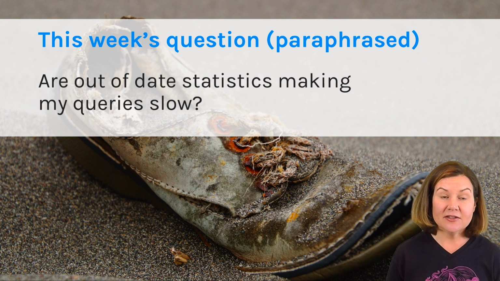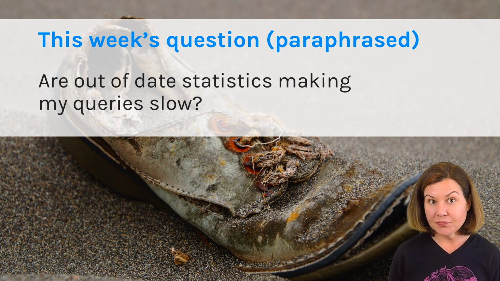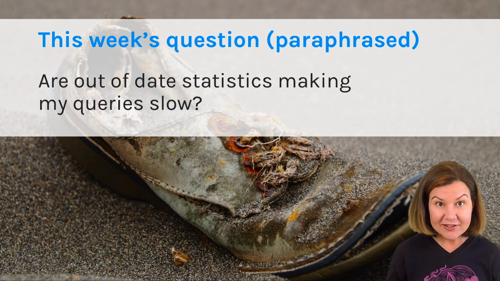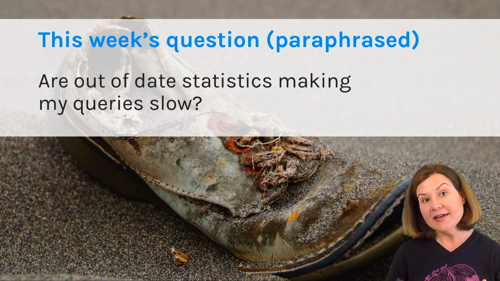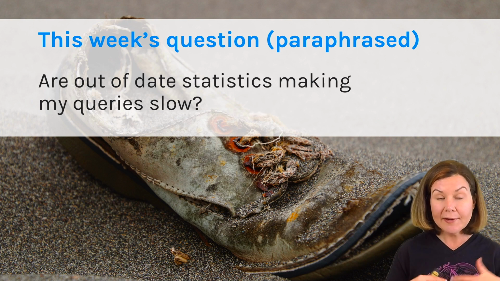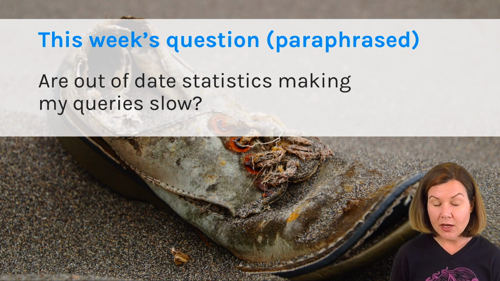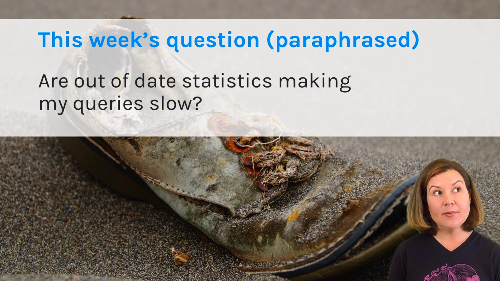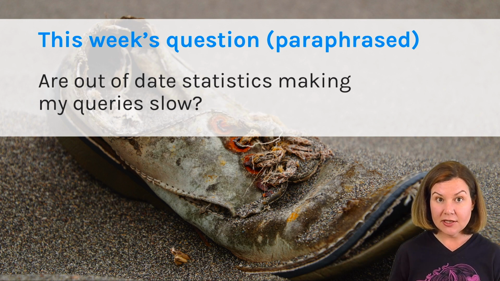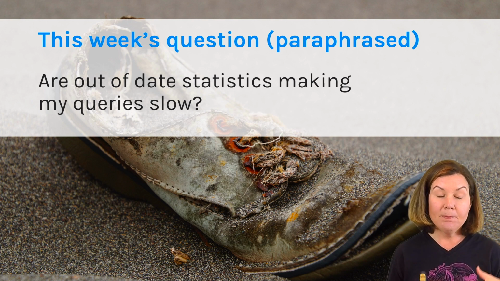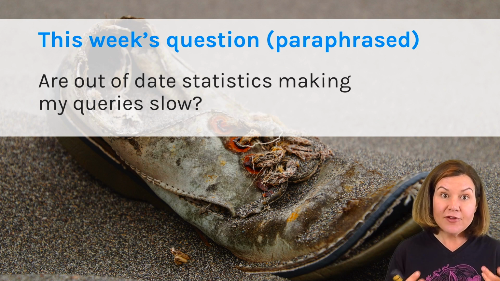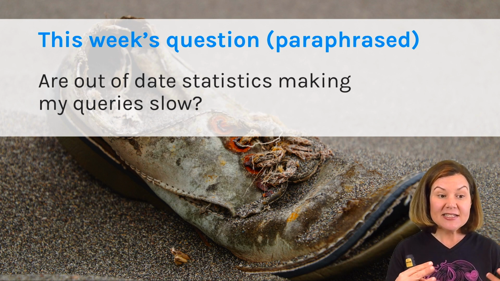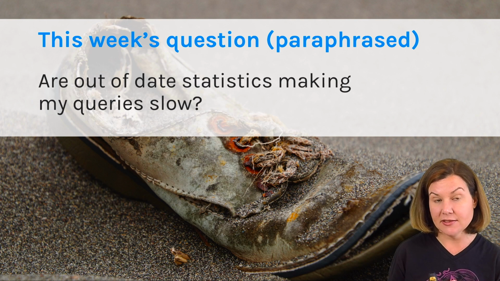I'm paraphrasing a little bit because this is actually part 2. Last week on the previous episode, we talked about whether a change I made in my index maintenance could be causing queries to be slow the next day. One of the things I hypothesized in that episode was that before, when they were rebuilding all their indexes, a side effect was they were updating all the statistics associated with those indexes.